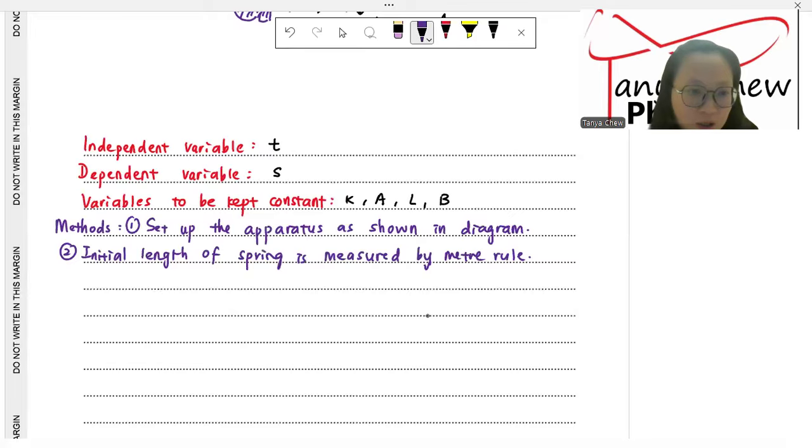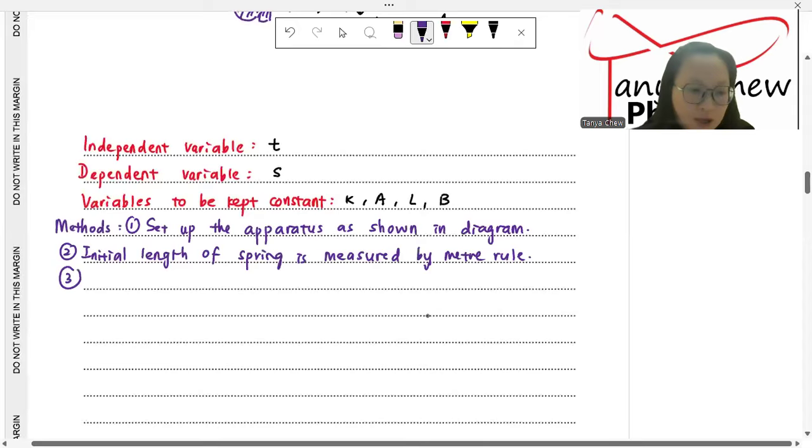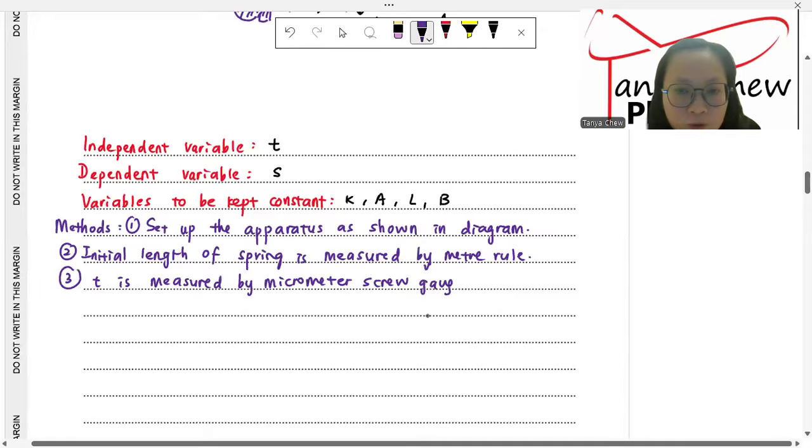And then after that, third, T, this is my independent variable. So I've got to talk about T. T is measured by micrometer screw gauge.